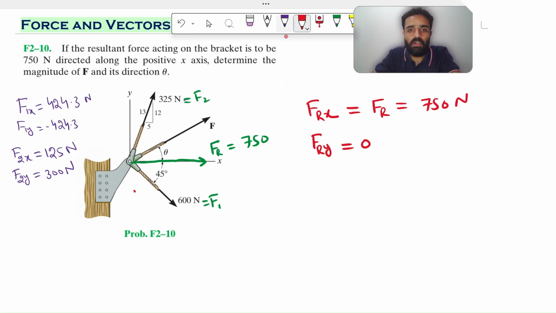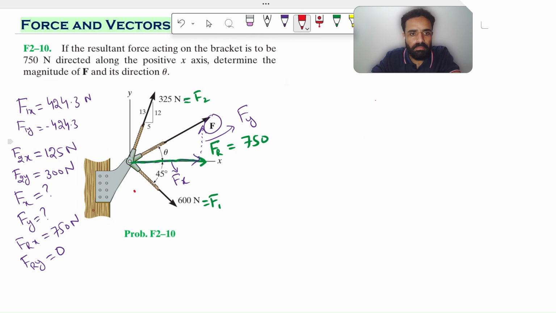Now what will be the x and y components of the unknown force? For this F1 force, the x component will be acting along the x-axis and the y component will be acting somewhere here. So I need to find the Fx and Fy. For this, I will be applying the summation of the horizontal resultant force and the summation of the vertical resultant force, and from there I will get the values of Fx and Fy respectively.